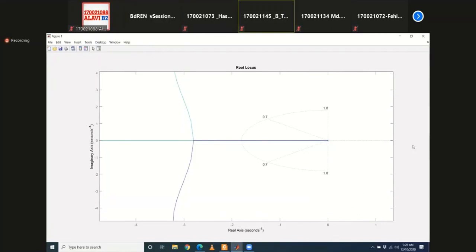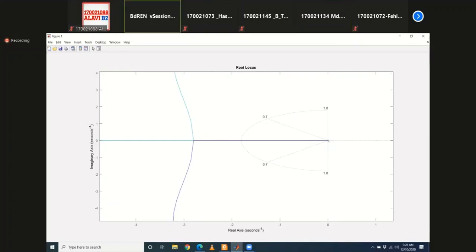Can you tell me what the semicircle represents just by looking at the figure itself and the values? Omega n. Yes, it represents all the locations which are at a distance of 1.8 from the origin. That means a semicircle with a radius of 1.8, isn't it?